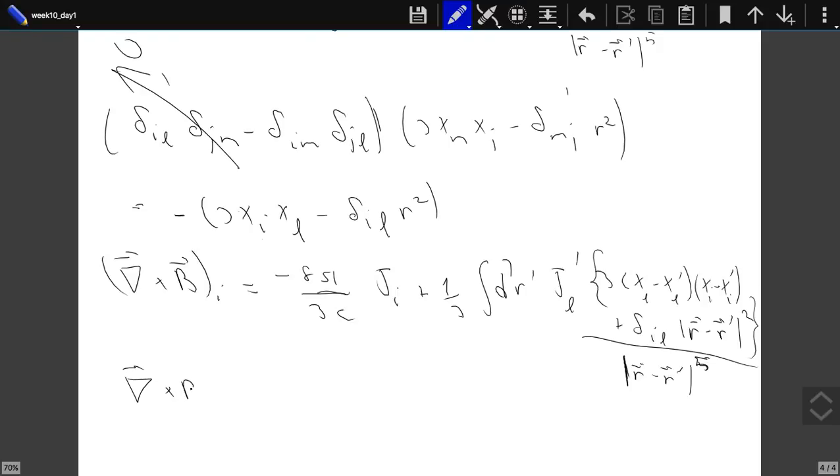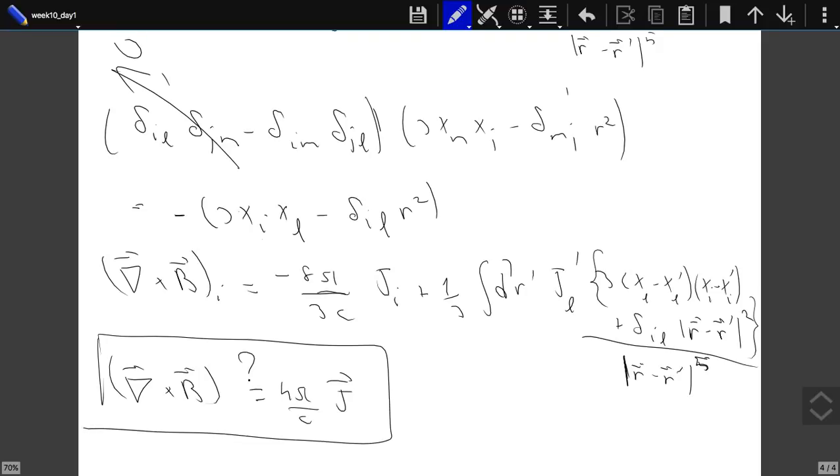Because if you remember, our final expression was curl of B should be equal to 4 pi over c J. This was the final result we had. So we should get many J's, many Dirac deltas from the second integral.